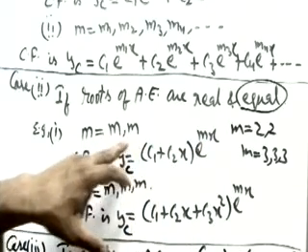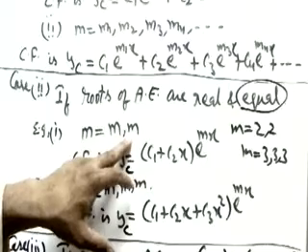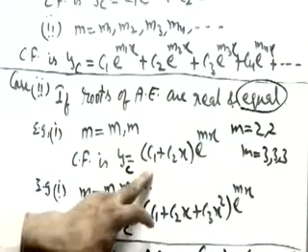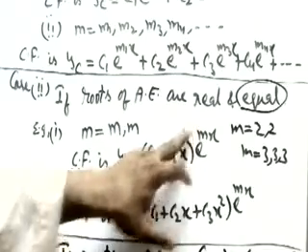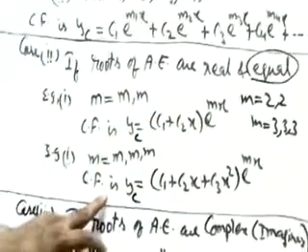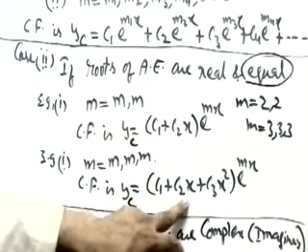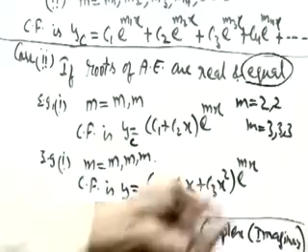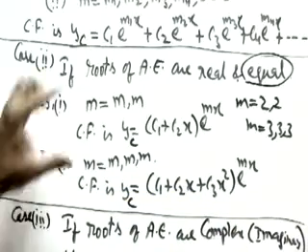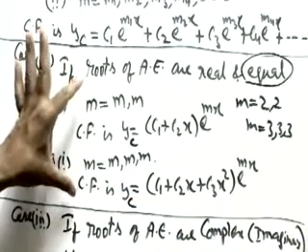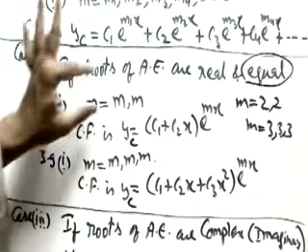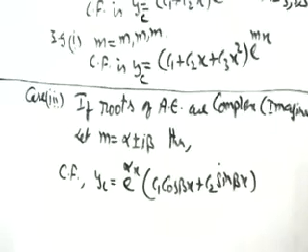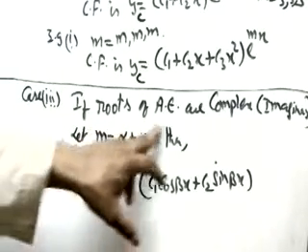If we get two equal values, we will not write m1 and m2 because both are the same, so we denote them m and m. If three values are the same, then we use the formula (c1 + c2 x + c3 x^2) e^(mx), and so on. If four values, then plus c4 x^3, like that. So if the auxiliary equation has repeated roots, then we use these formulas. And lastly, one more concept is here.